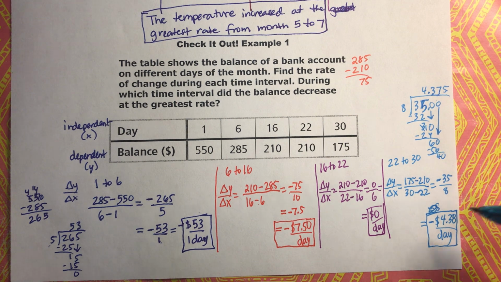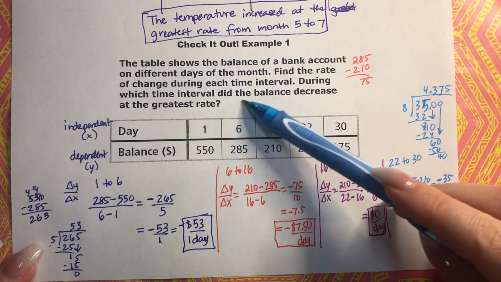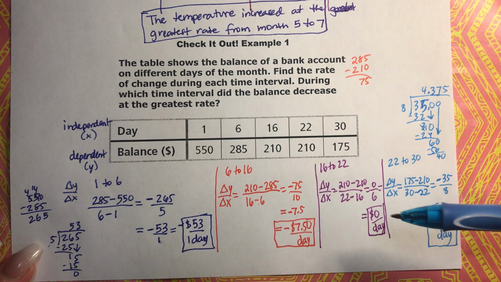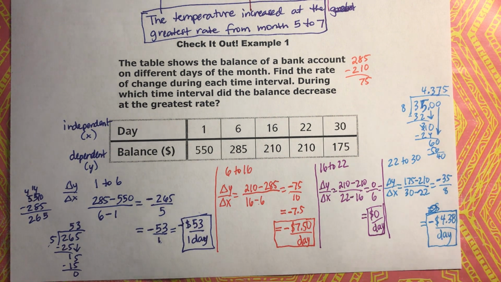So we need to figure out, well, what is the greatest? What is it asking? During which time period did the balance decrease at the greatest rate? So I think that it is pretty clear that losing $53 per day would be the greatest rate of decrease.